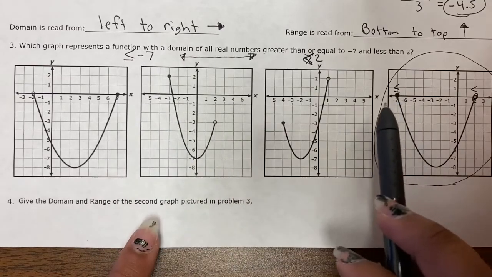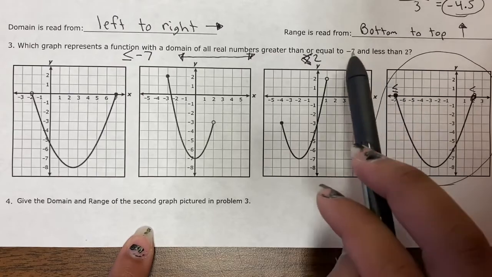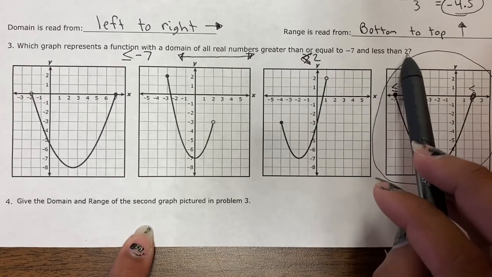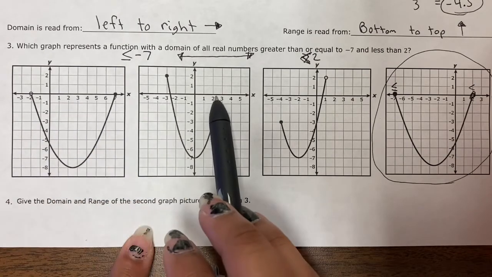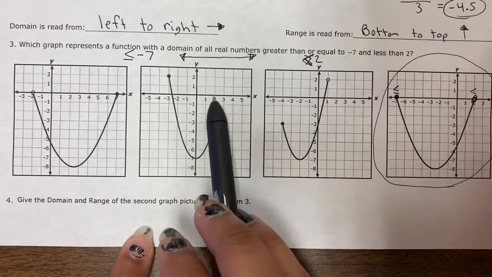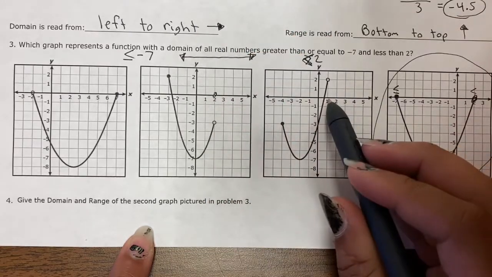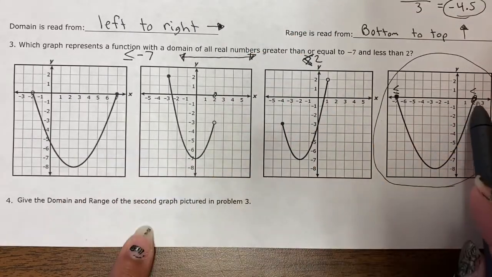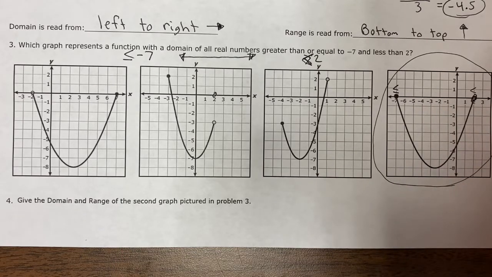So the point on the farthest left had to be -7. So this was the only one that matched. And then the one on the far right had to be less than 2. So I had to have an open circle and be 2. So this is the only one that fit both of those descriptions.